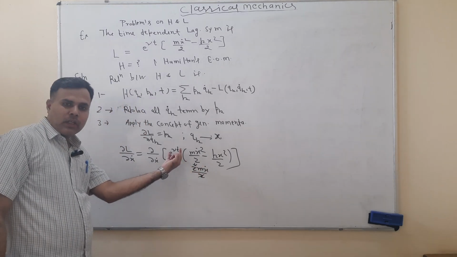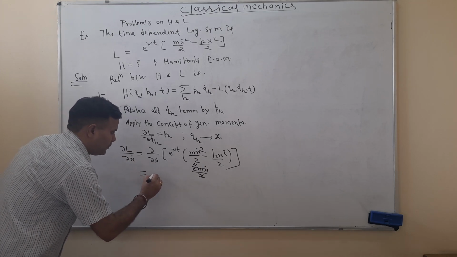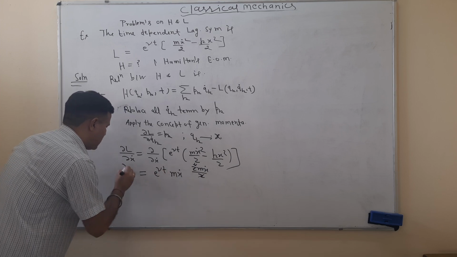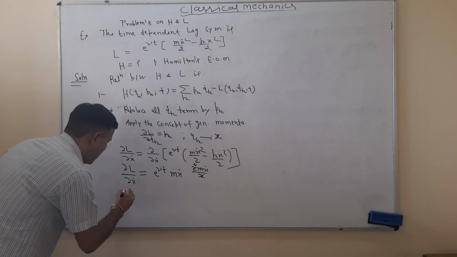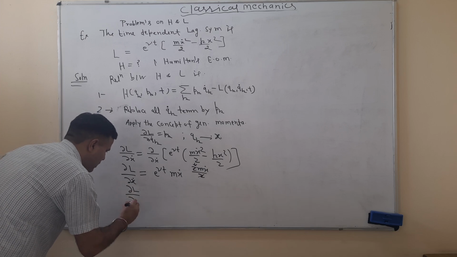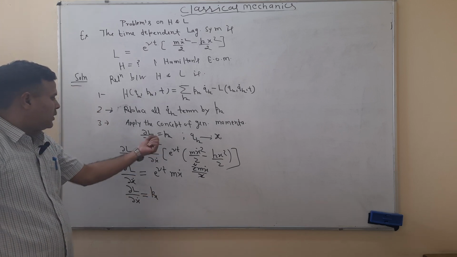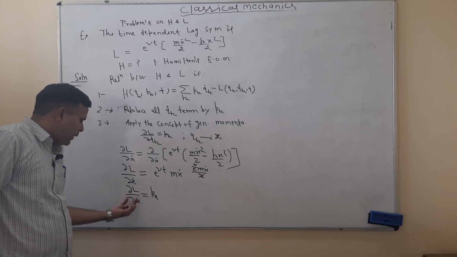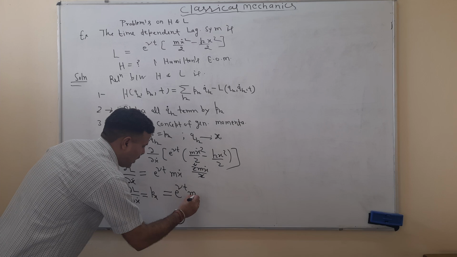The constant term we can take outside, so we have e to the power nu t mx dot. Del L upon del x dot is simply px, since del L upon del qk dot is pk. So we have px equal to e to the power nu t mx dot.